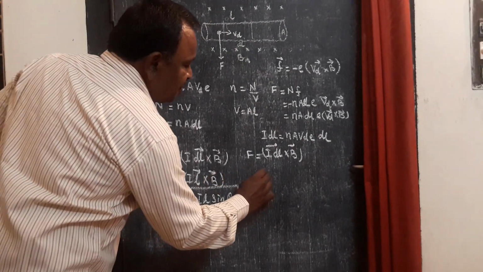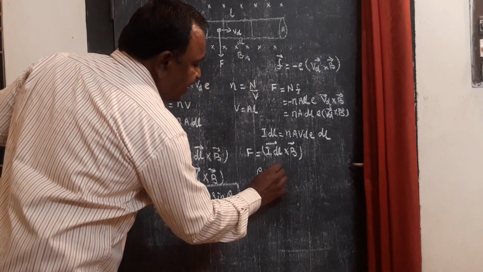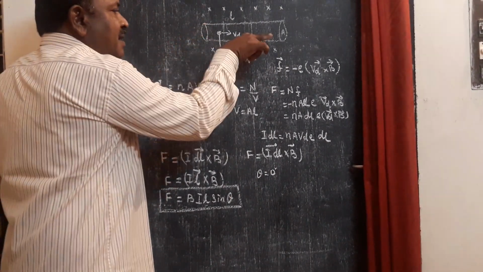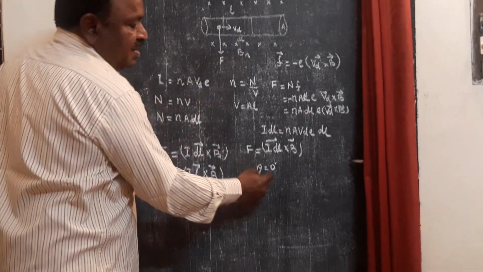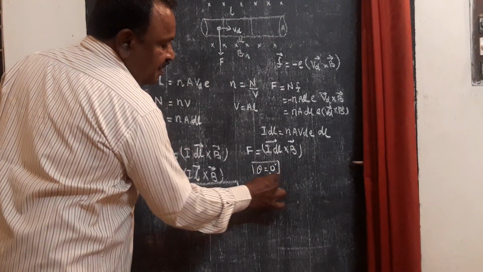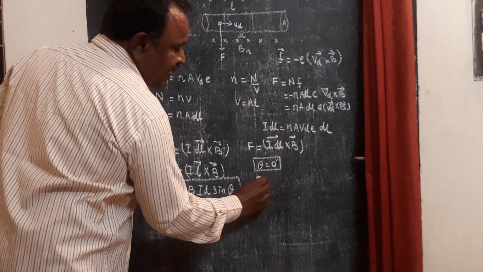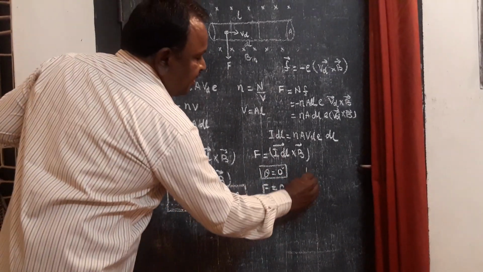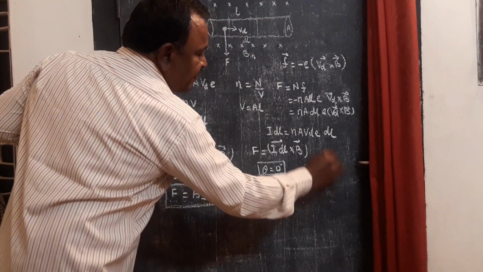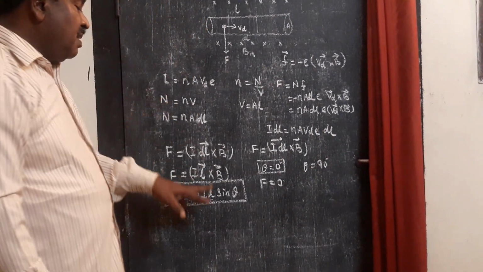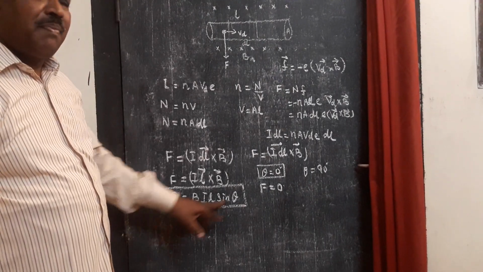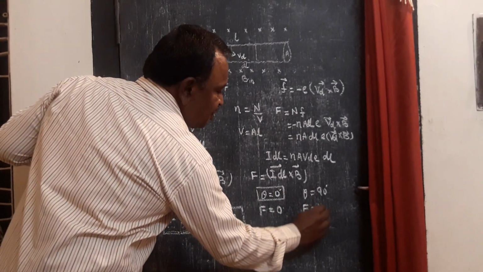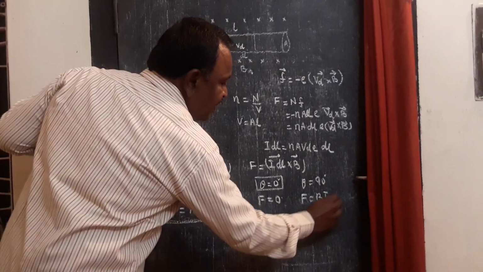If theta is equal to 0 degrees, that is, if the current and the magnetic field are in the same direction, then F is equal to 0. When theta is equal to 90 degrees, that is, the magnetic field and the current are perpendicular to each other, then F is equal to BIL.